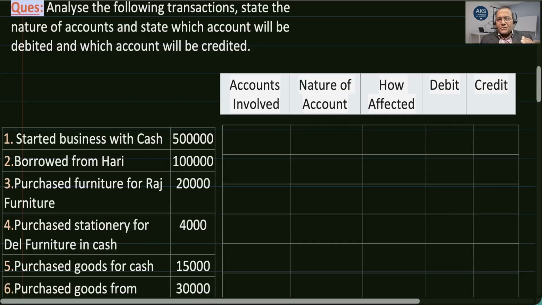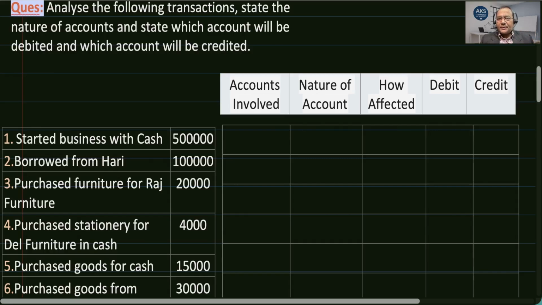We will see the nature of account, whether, in the classification that we have seen, it is personal or real, or, when it comes to modern classification, whether it is expenses, income, capital, liability, assets. Then how it affects: whether there is an increase in the account or a decrease in the account because of this transaction, that we will also assess.